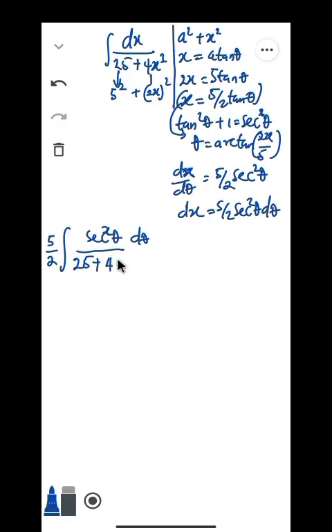So we can have 4 into 5 over 2 tan theta all squared, because of this square here.